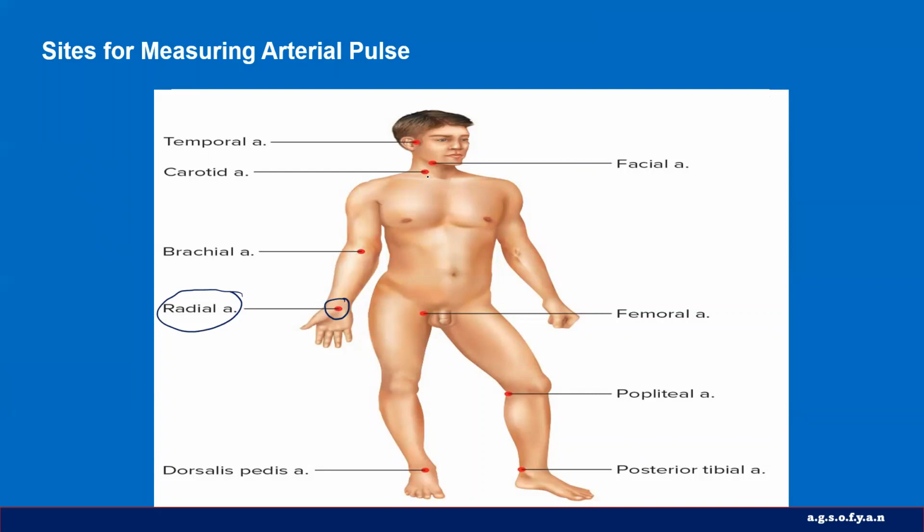The second one, usually people use the common carotid artery on the neck. There are other areas where we can measure the pulse rate, like the brachial artery, the femoral artery, posterior tibial artery, dorsalis pedis artery, facial artery, and also the temporal artery. So these are the several sites for measuring the pulse rate.